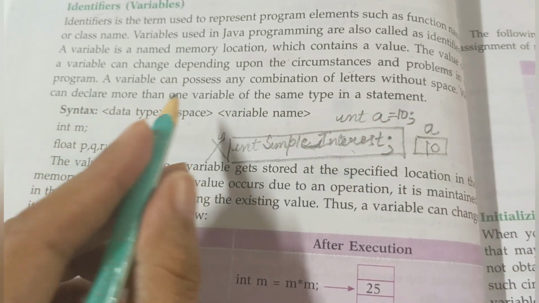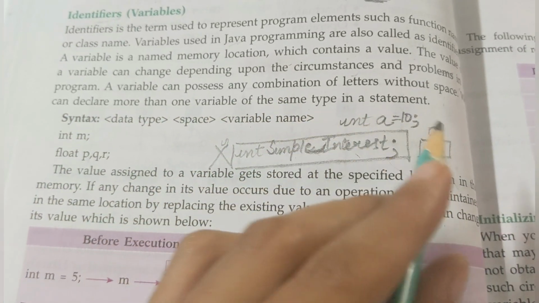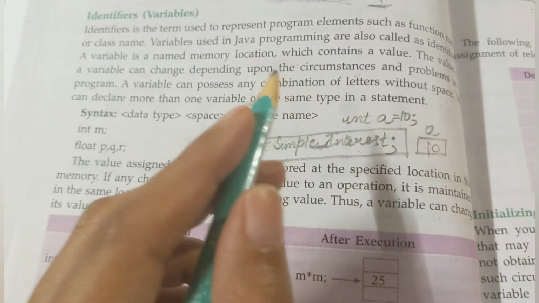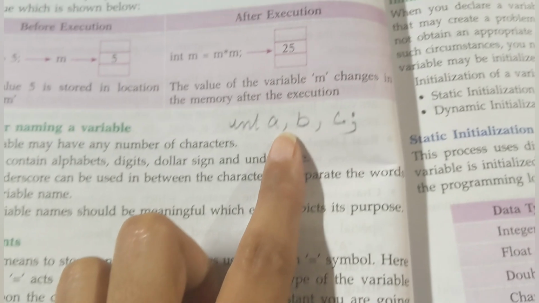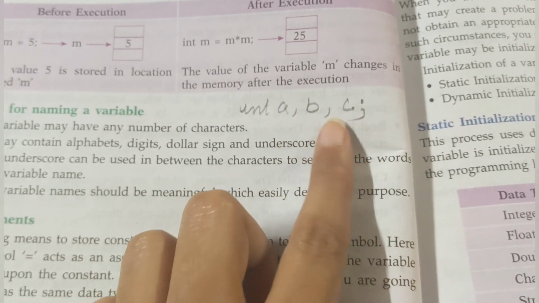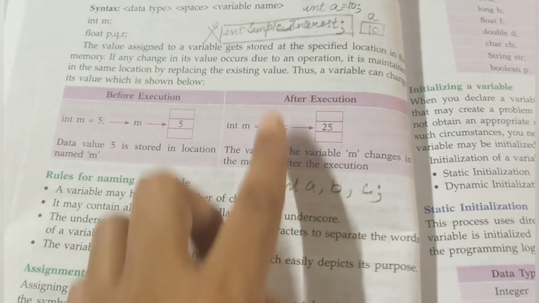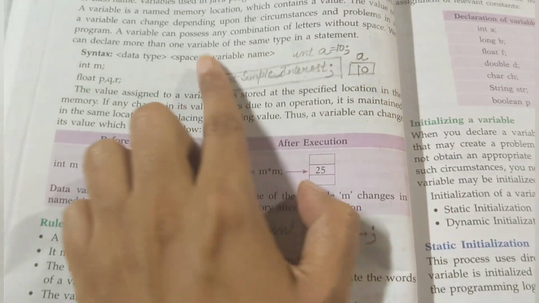So we can declare more than one variable of the same type in a statement like this. So here we have 3 variables a, b and c और तीनों का टाइप क्या है, इंटीजर. तो हम एक लाइन के अंदर इसको लिख सकते हैं. क्लियर? Just like this.